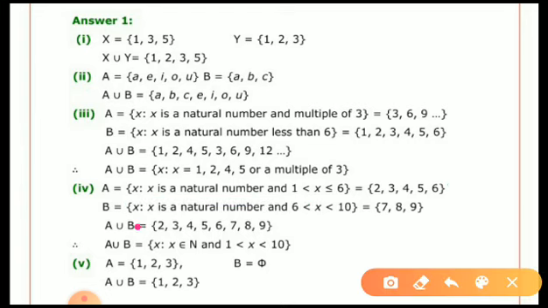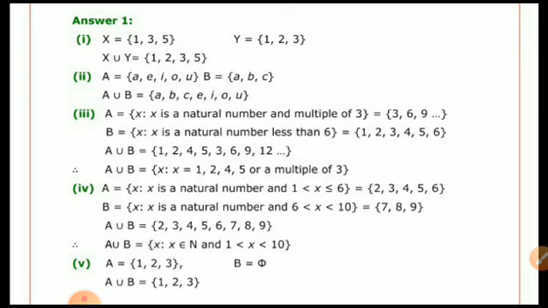B is the set of x, a natural number, such that 6 < x < 10. A natural number between 6 and 10: 7, 8 and 9. So what will be my A union B? Each and every element of both the sets: {2, 3, 4, 5, 6, 7, 8, 9}.